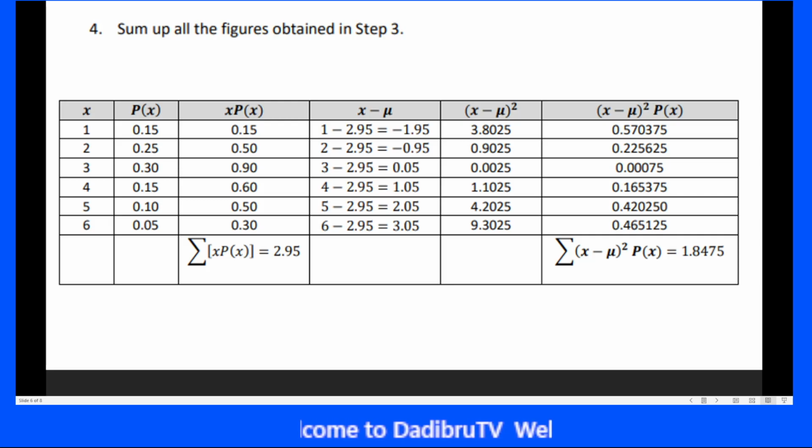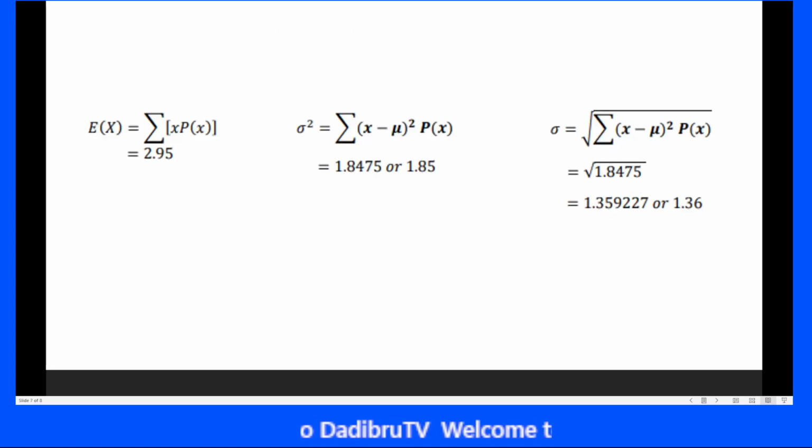Okay, after getting now the mean, which is 2.95, and the variance, which is 1.8475, let's look now for the standard deviation. So to get the standard deviation, just simply get the square root of the variance.